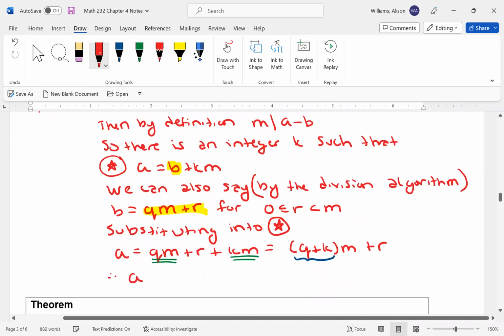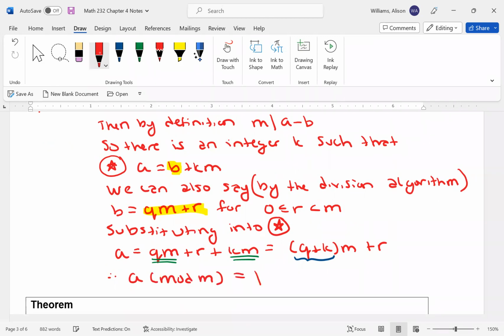Therefore, a mod m, the remainder, is equal to b mod m. I showed that they have the same remainder. And you could even take an extra step if you wanted to: up here, I'm saying that r equals b mod m, and down here, I could say r equals a mod m.